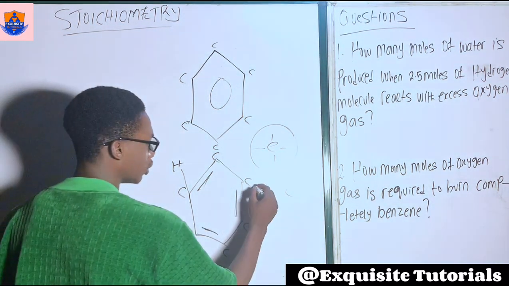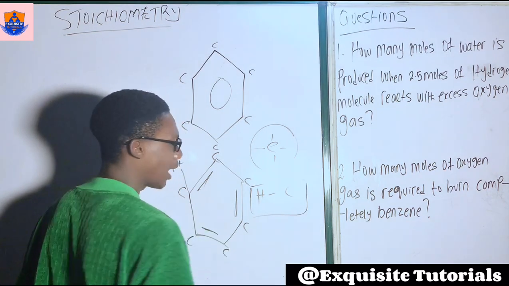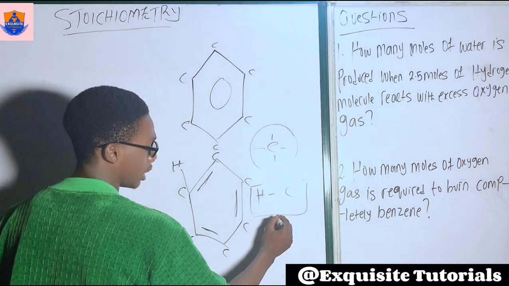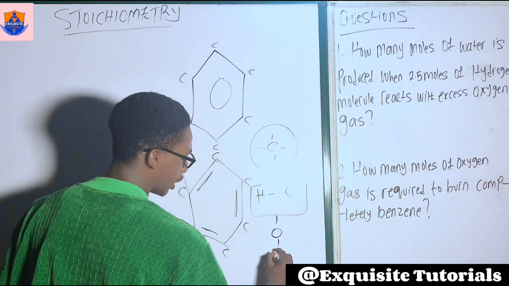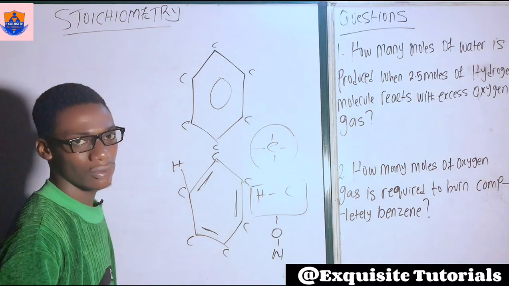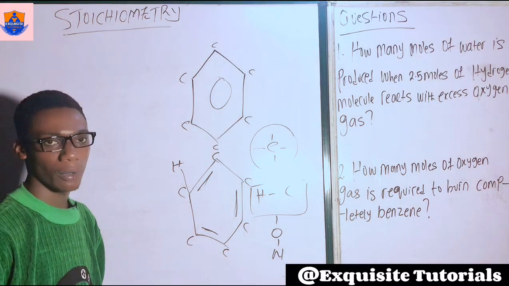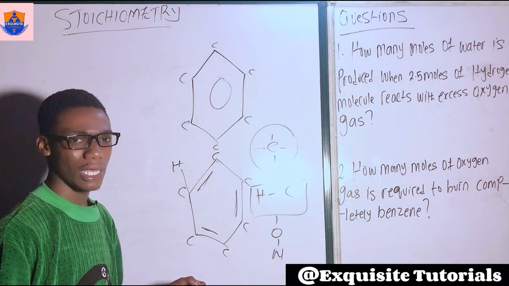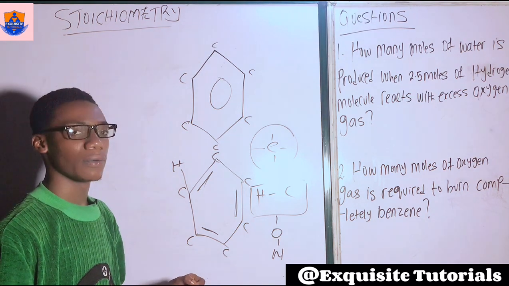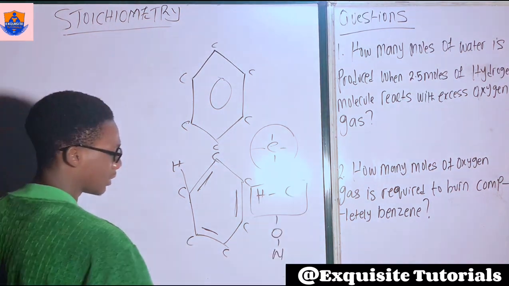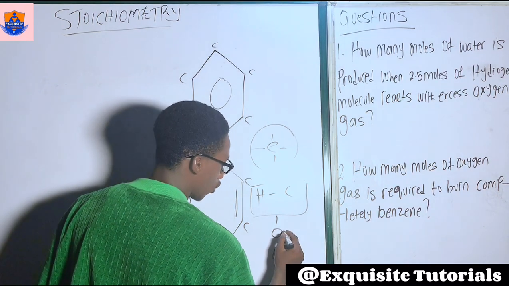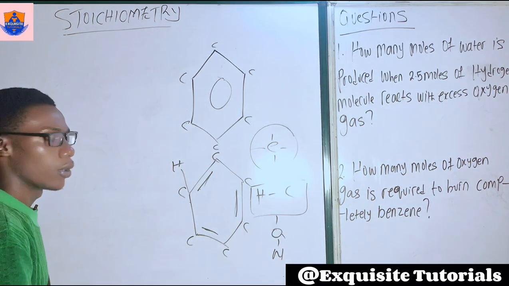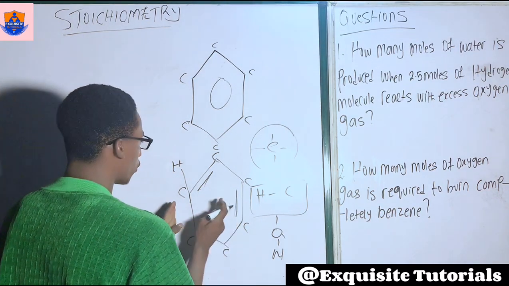Now if there's another element attached, let's assume oxygen or nitrogen, it is no longer a hydrocarbon, it is just called an organic compound. Now hydrocarbons are organic compounds, but an organic compound can have a constituent different from hydrogen and carbon. Okay, so now this is a hydrocarbon.